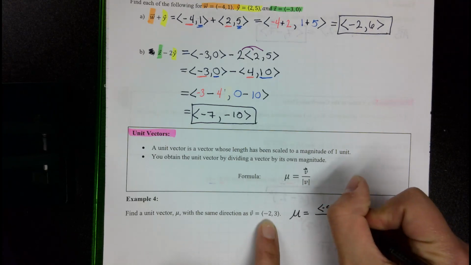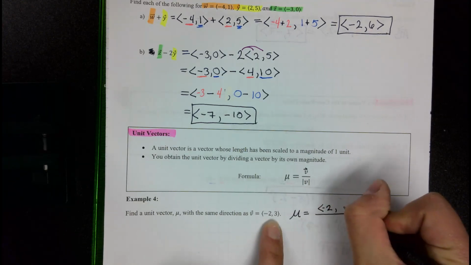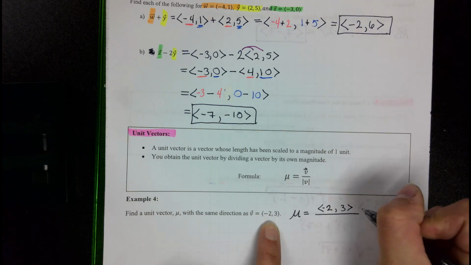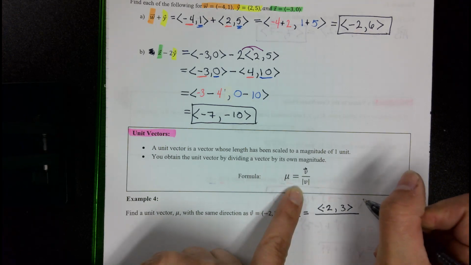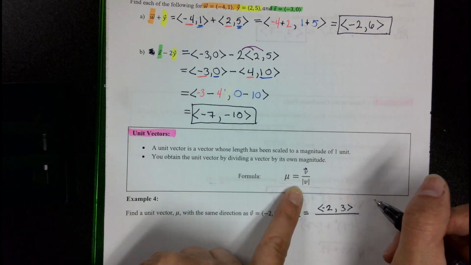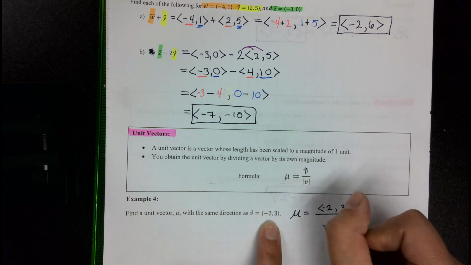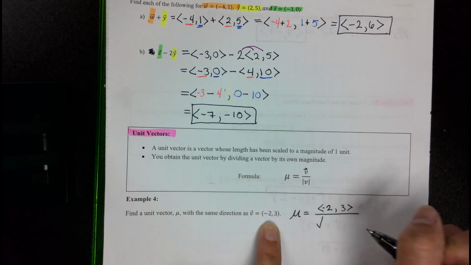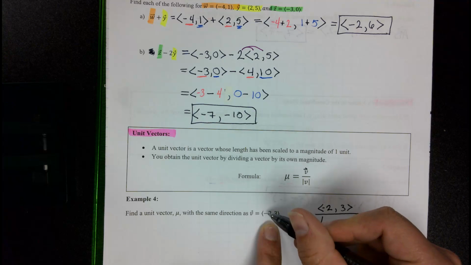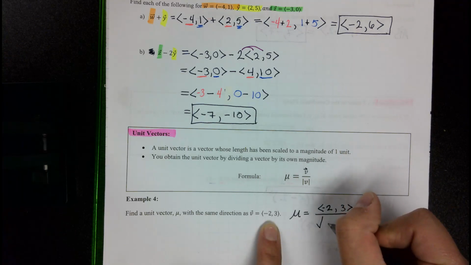So negative 2, comma 3, that's the vector, and it's going to be over the magnitude of the vector. So the vector's magnitude when you're in component form is the square root of a squared plus b squared, where this is a and this is b. So we have negative 2.